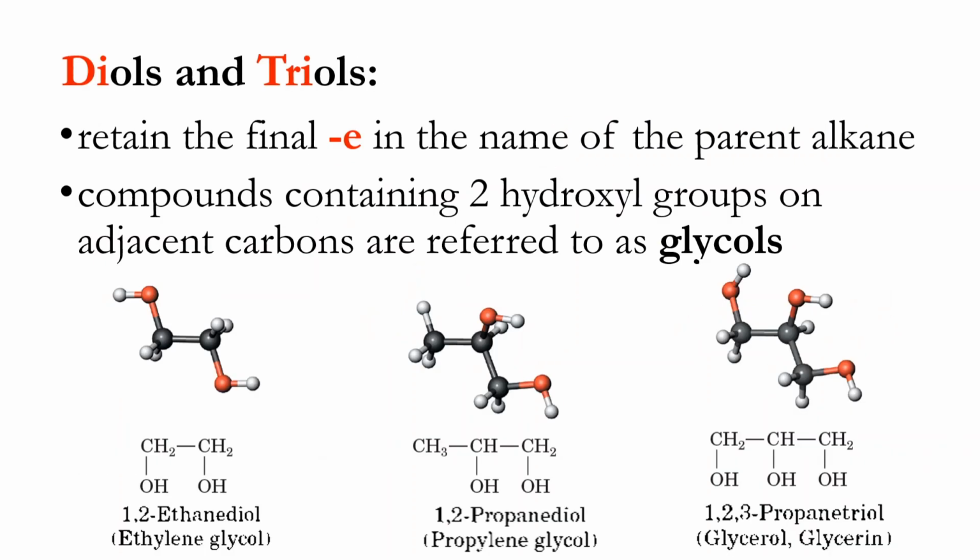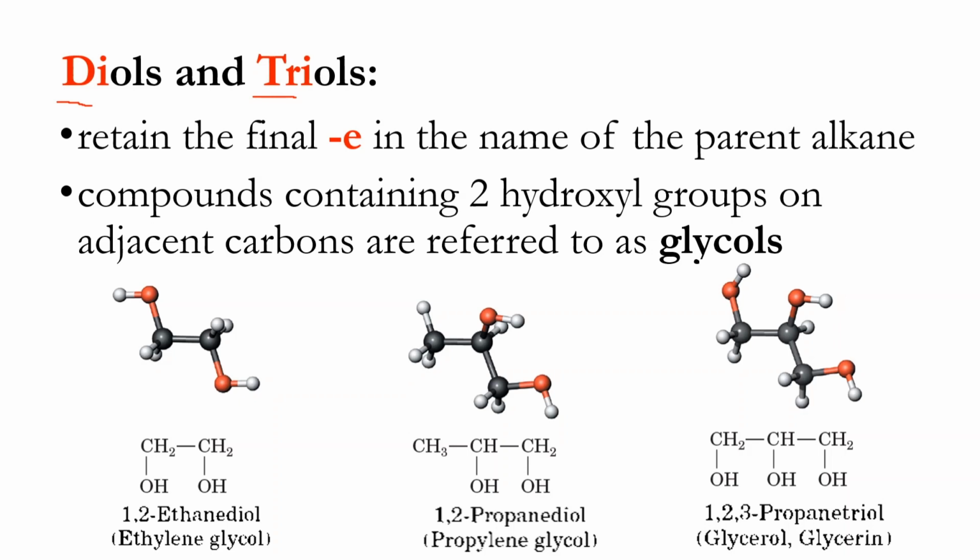Okay, let's have some examples. There may be 2 or 3 alcohol groups in your chain. So for example, your ethane has 2 hydrogen atoms replaced by 2 OH groups. So how do you name the diol?